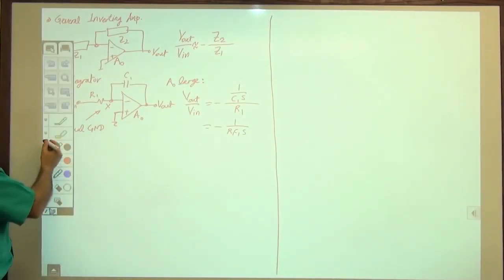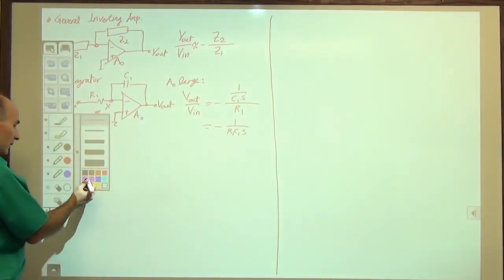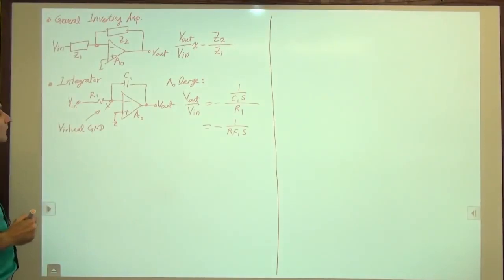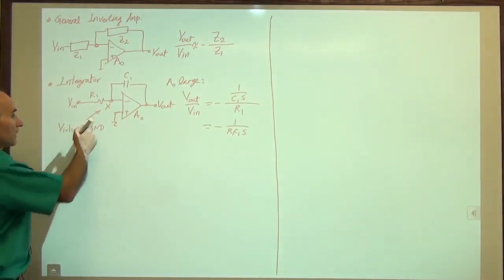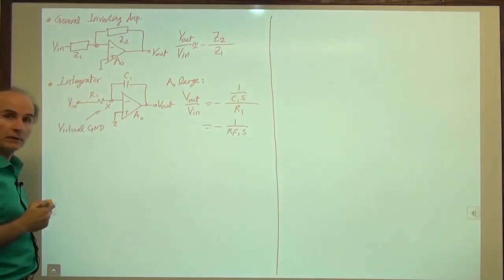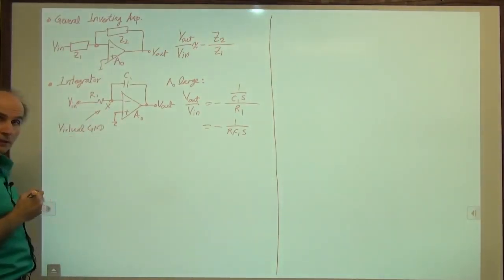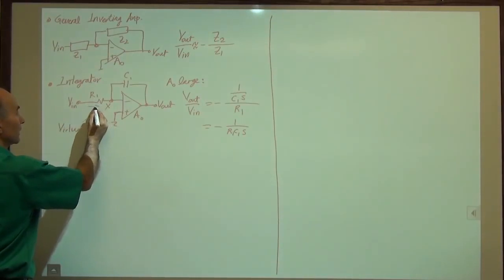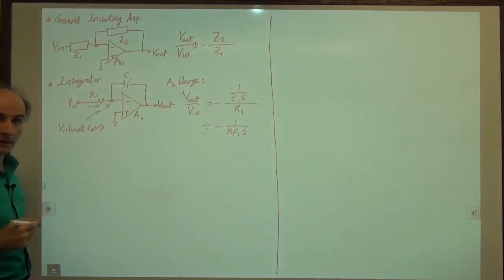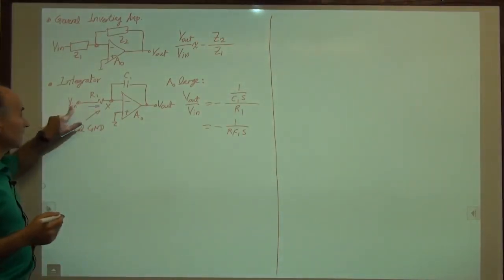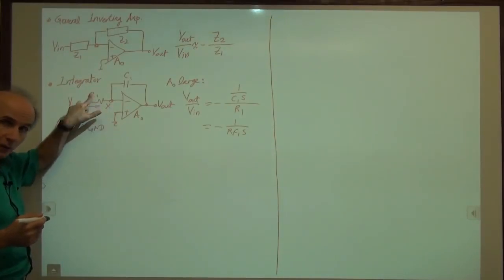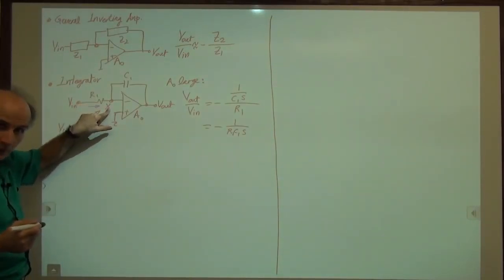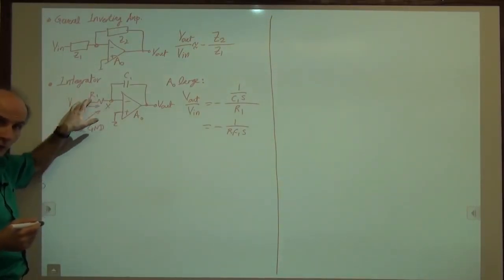Okay, well, let's do it this way. Because X is a virtual ground, the voltage at node X is very small. So I can say that the current through R1 is approximately equal to V in minus Vx over R1. But Vx is very close to 0, so it's V in over R1.